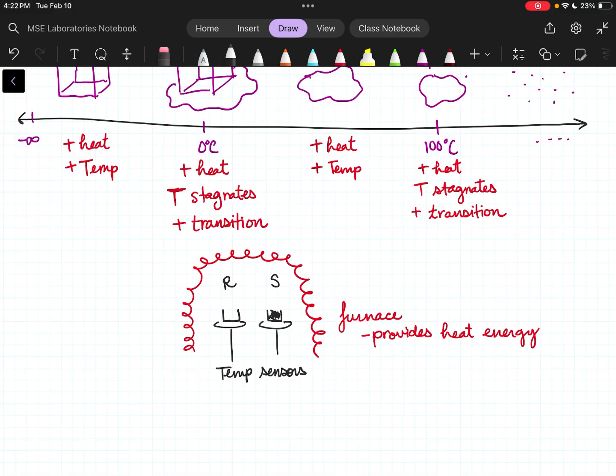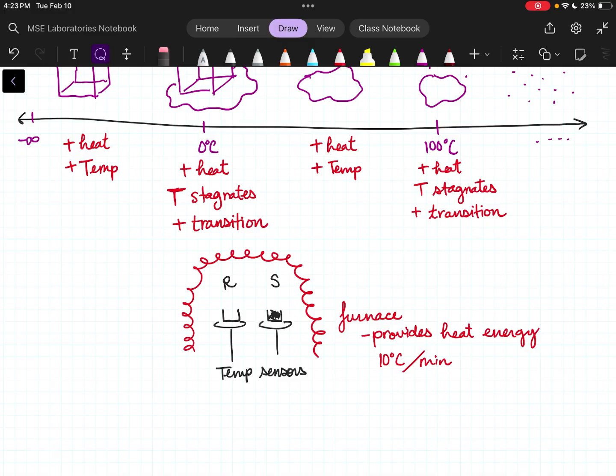And I'll go through that a little bit more specifically. But the furnace is going to provide energy at a set rate. Typically the furnace is going to increase by 10 degrees Celsius per minute, or something along those lines. But I have this very regular addition of heat energy, very similar to up here, where every step of the way I was adding heat, and it's doing that at a very constant rate.